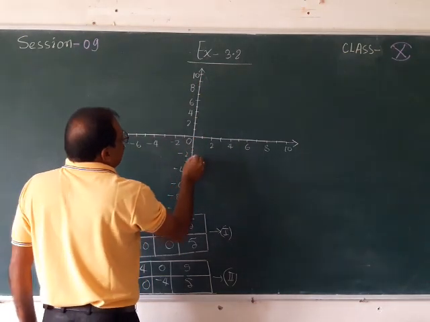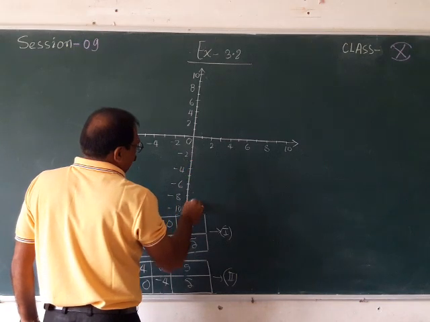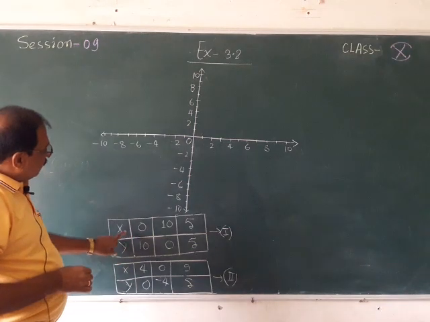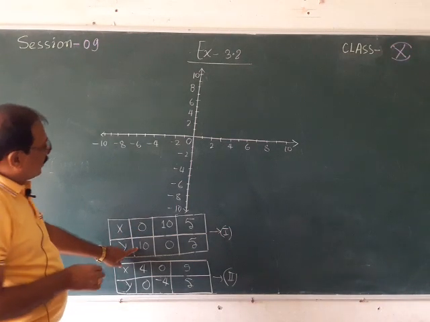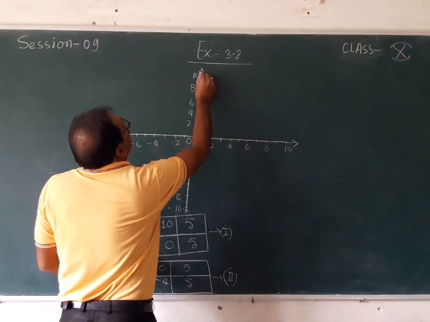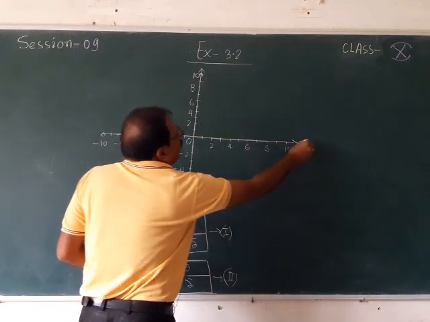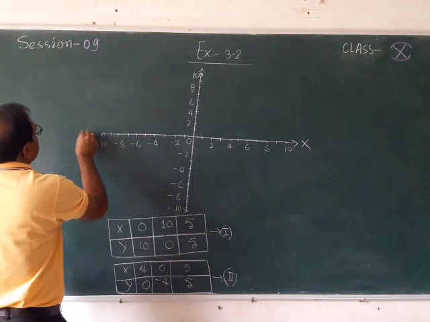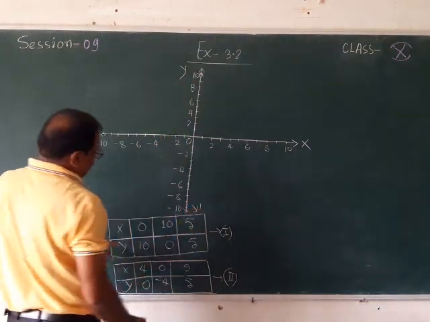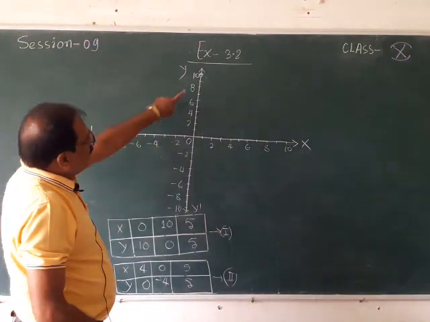Suppose this is my graph sheet and I am showing you how to draw the graph. For the first equation, if x is 0, then y is 10. That means this value is there, because you know this is the x axis, here it is x dash, this is the y axis and here it is y dash. So x is 0, then y is 10.